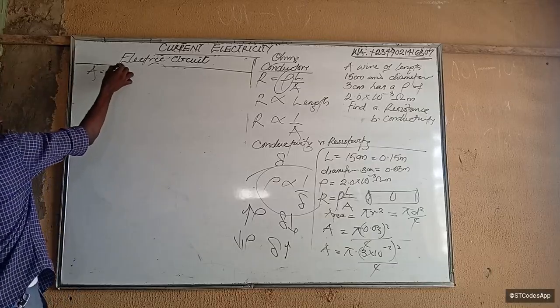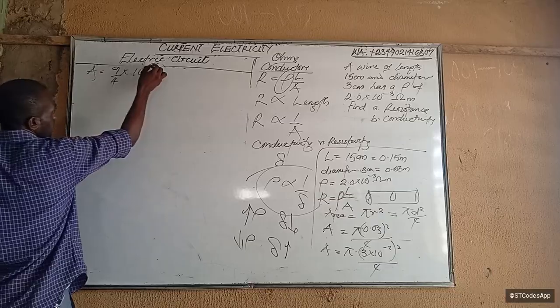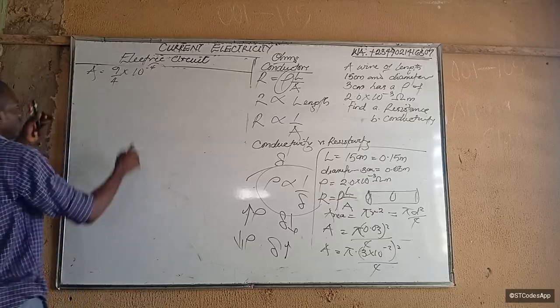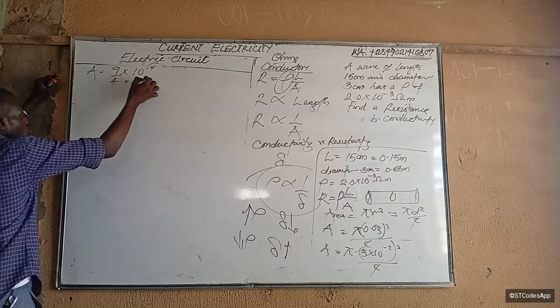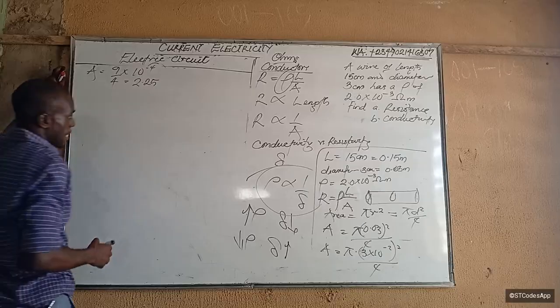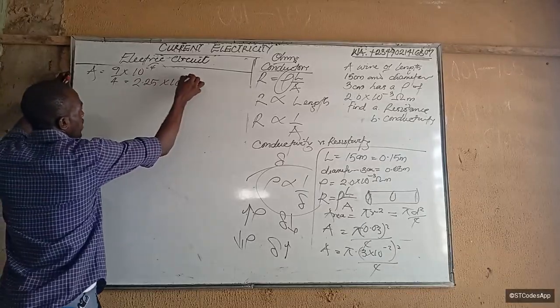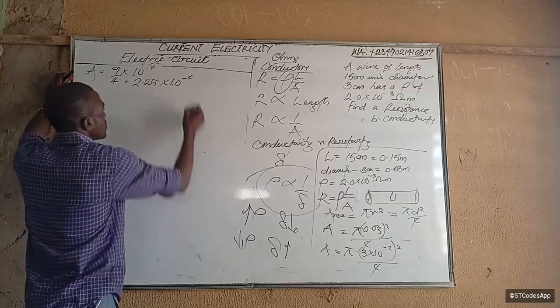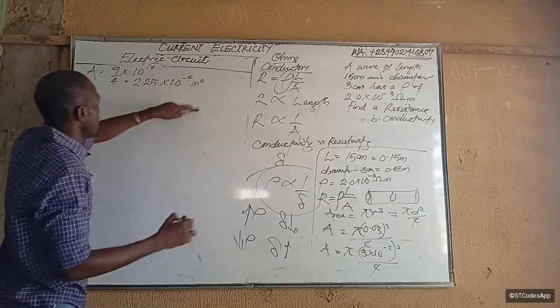So area becomes 9 over 4 times 10 to the power minus 4. 9 over 4 is 2.25. So 2.25 times 10 to the power minus 4 meter squared, that's the area.